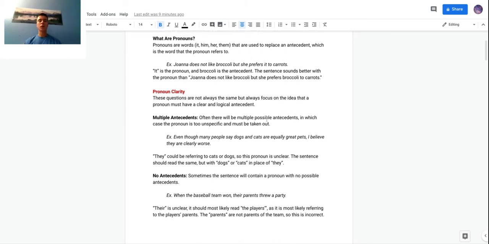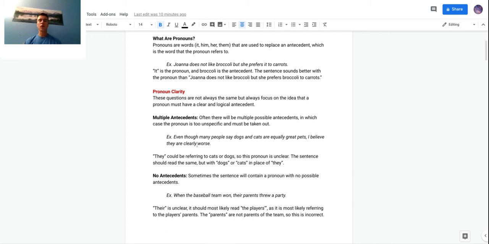So, multiple possible antecedents, in which case the pronoun is too unspecific and must be taken out. This example sentence: Even though many people say dogs and cats are equally great pets, I believe they are clearly worse. So they is referring to either dogs or cats, because from the writer's viewpoint, one type of pet is clearly worse.